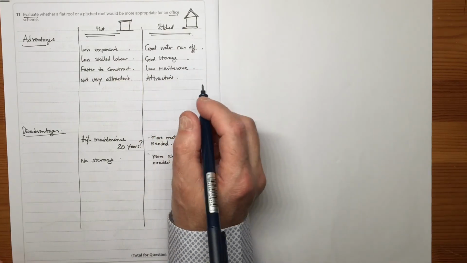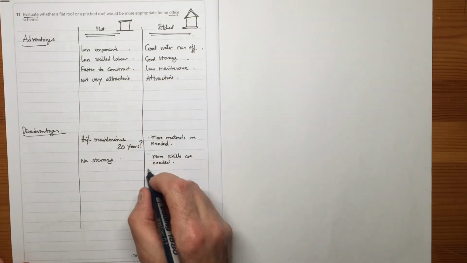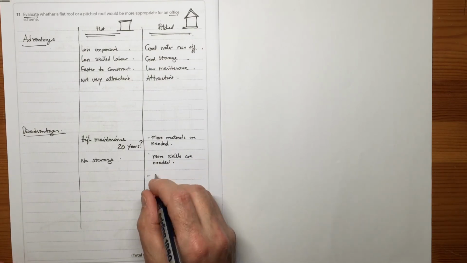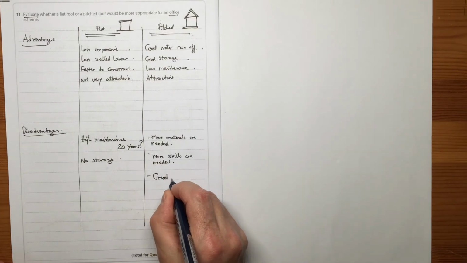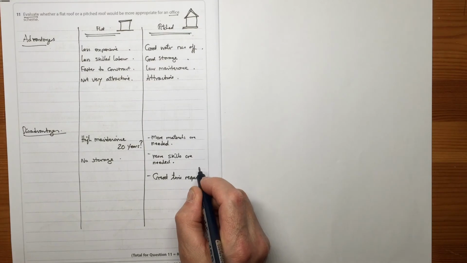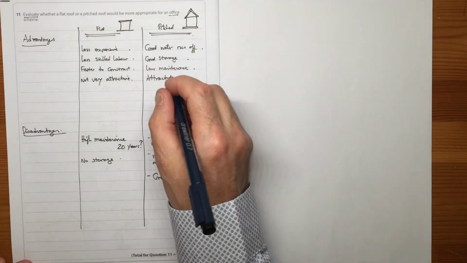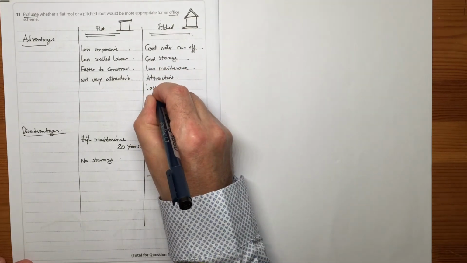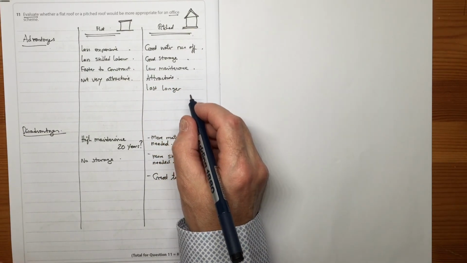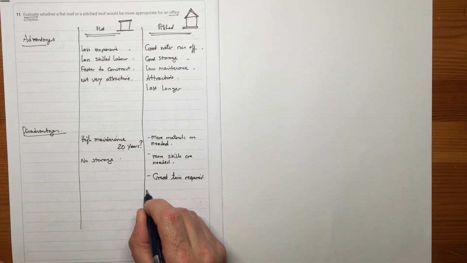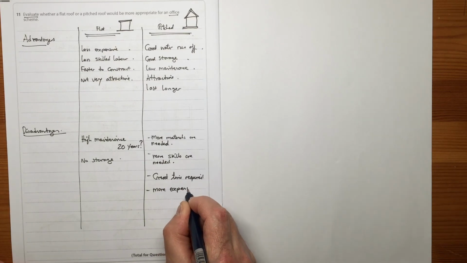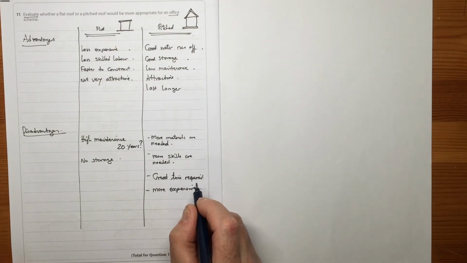Okay, so which one, more labour is needed for this? You've done that. More skills, more labour. Greater time required. Advantage, lasts longer. Okay. Can be more expensive. Disadvantage, more expensive, I would say.